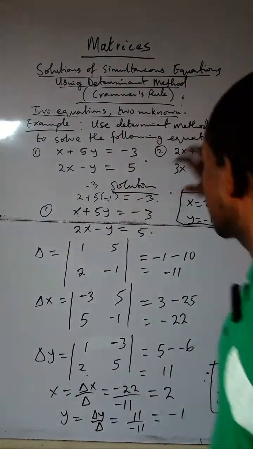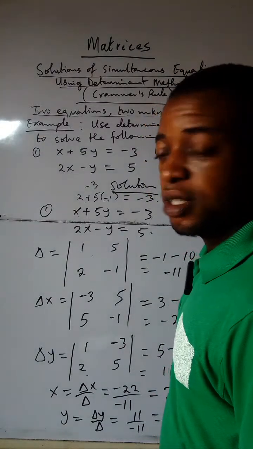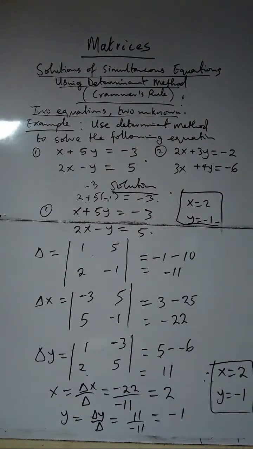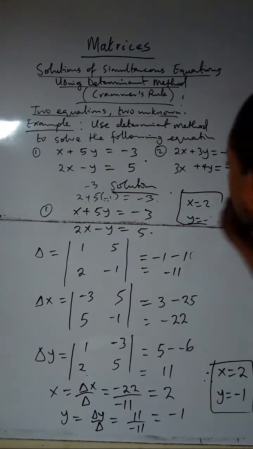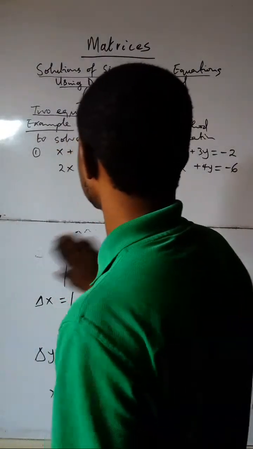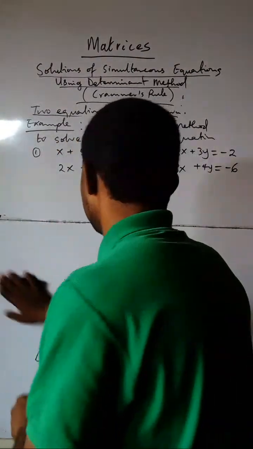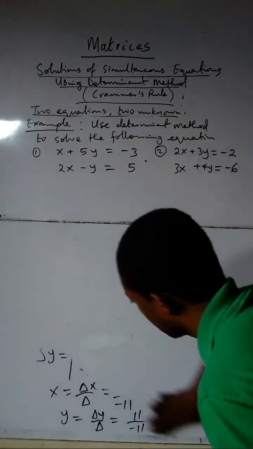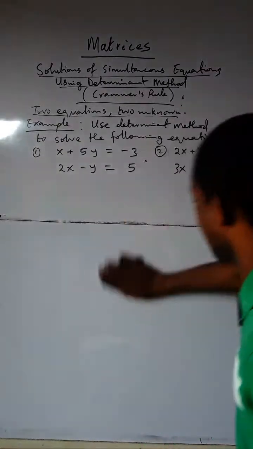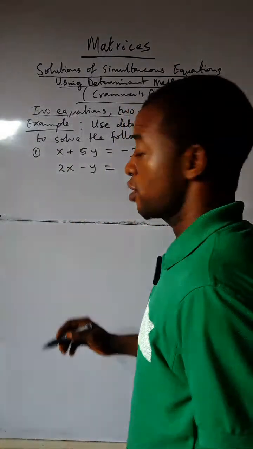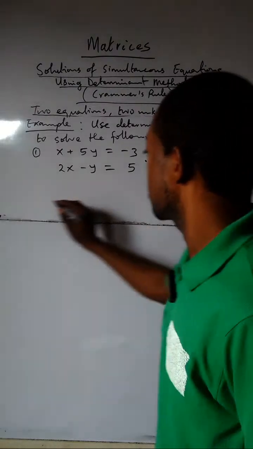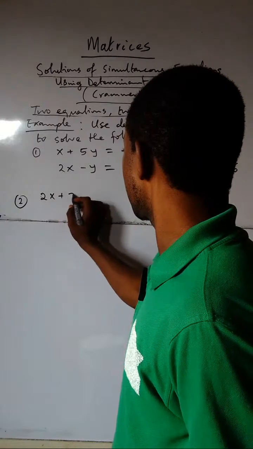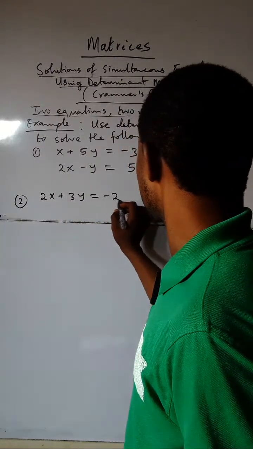Now, let's look at the second question as well, using Cramer's rule. From number 2 question here, we have 2x plus 3y equals minus 2.